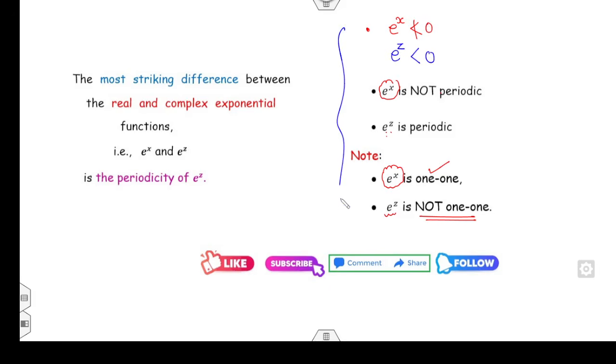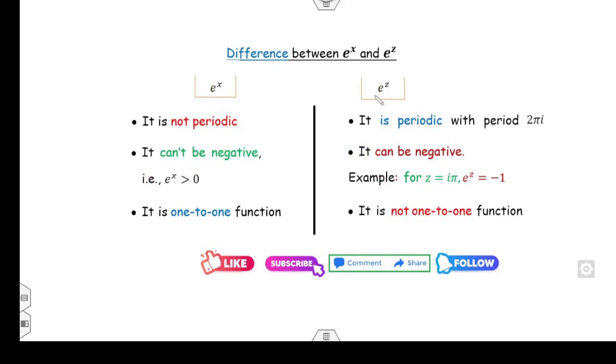That means these are the basic differences between e raised to power x and e raised to power z. Exponential of real is always 1-1, but it is not 1-1 for complex. That is the basic difference between them.